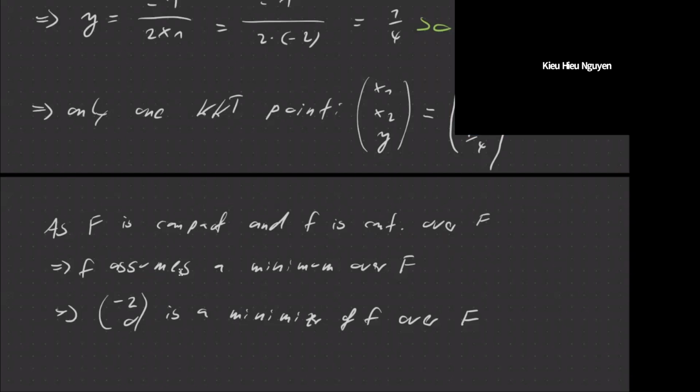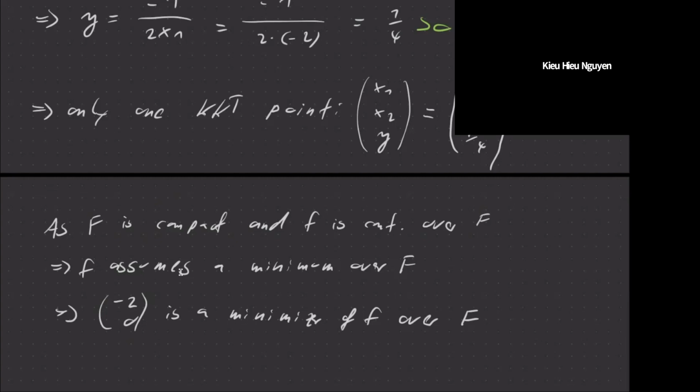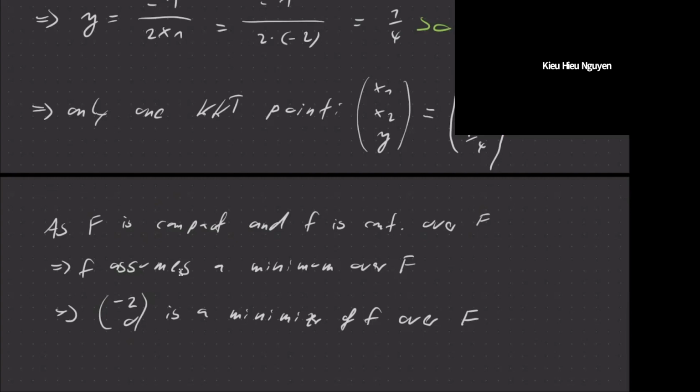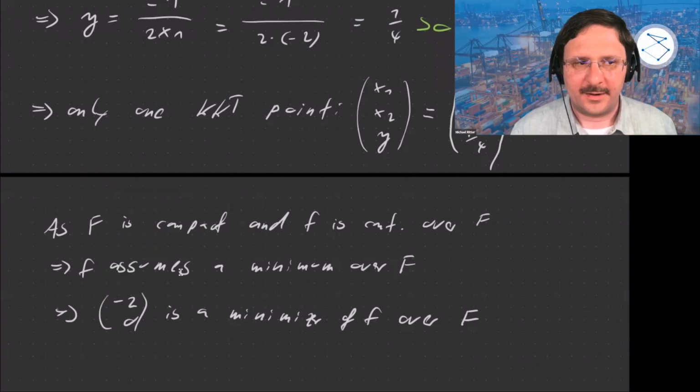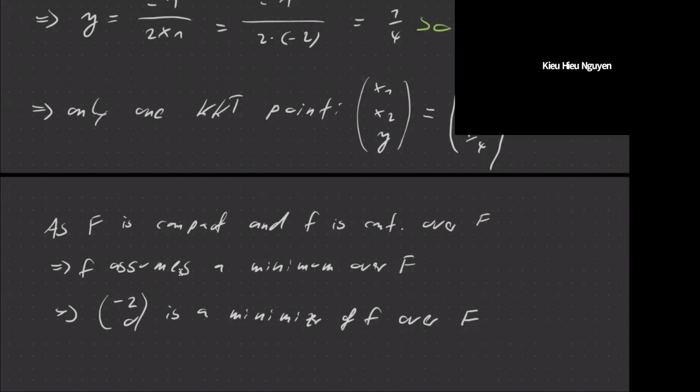Another related question. Could you maybe repeat all conditions under which a KKT point gives us for sure a minimum? Yeah, it's similar to the previous one, basically the same answer.